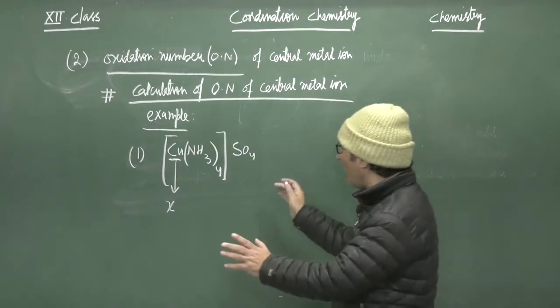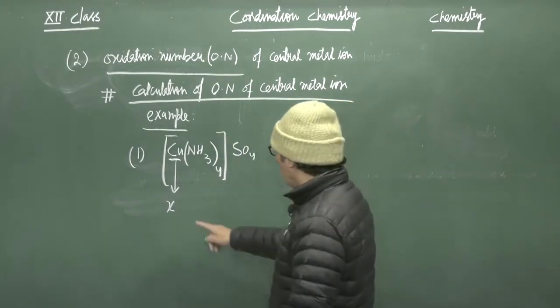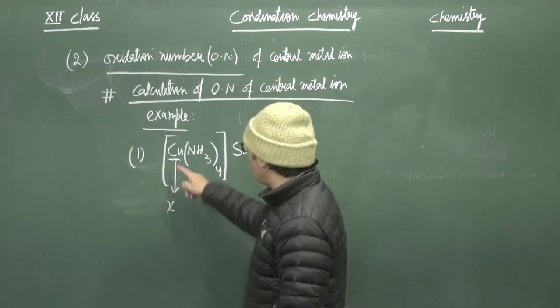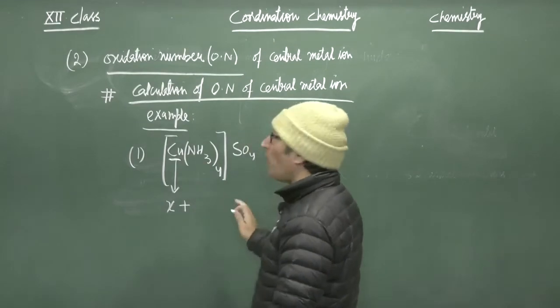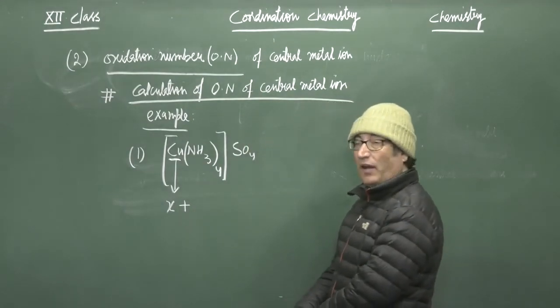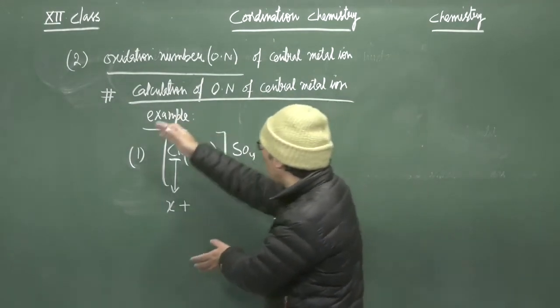What will we form? We'll form an equation. To this x, which is the oxidation number of the central metal, we will add the charge on all the species and equate it to 0 because overall this is neutral.